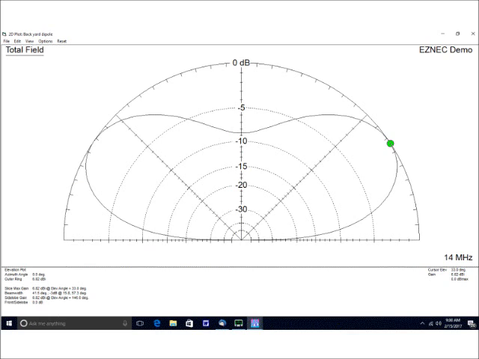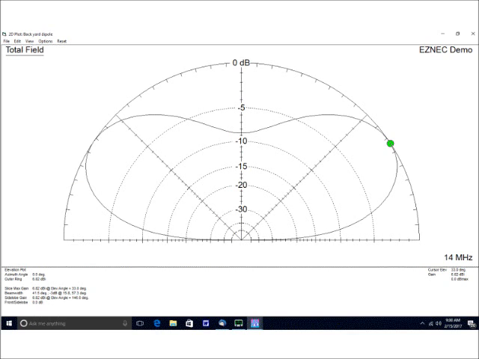Okay? Here's the other thing, and actually this is the most important part of your antenna. One of the things that antennas do is radiate signals at a certain angle relative to Earth. And that's called the radiation angle. Okay? And in this case, this is 5, 10, 15, 20, 25, 30. About 33 degrees is the takeoff angle on this antenna.